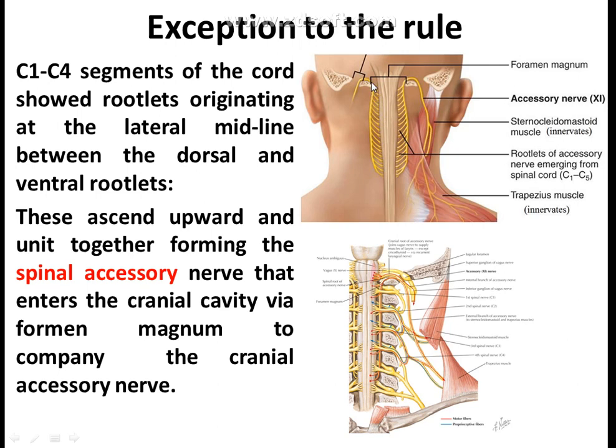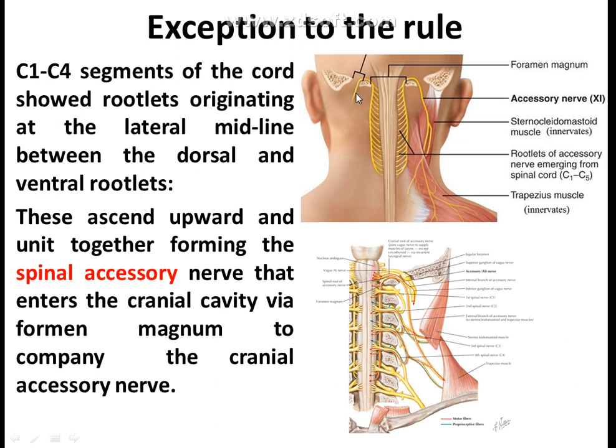This single trunk formed by these rootlets is called the spinal accessory nerve. That nerve enters into the skull via a foramen on the inferior aspect of the skull, which is called the foramen magnum, runs for a short distance inside the cranial cavity, and then exits out from the jugular foramen of the skull.